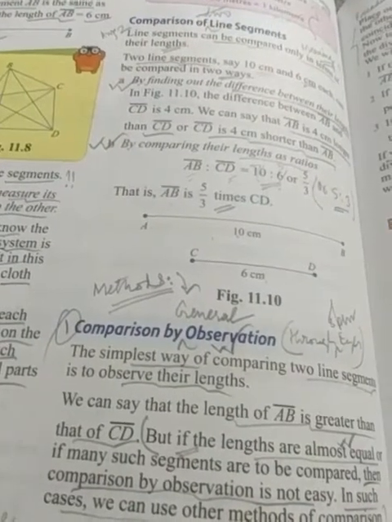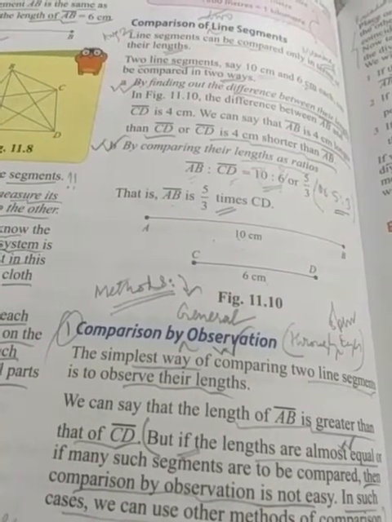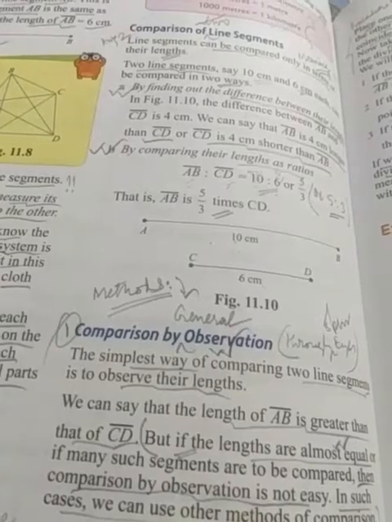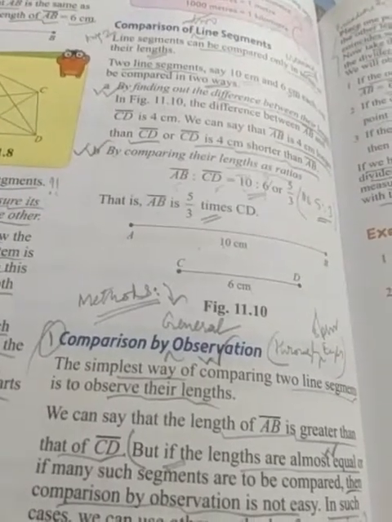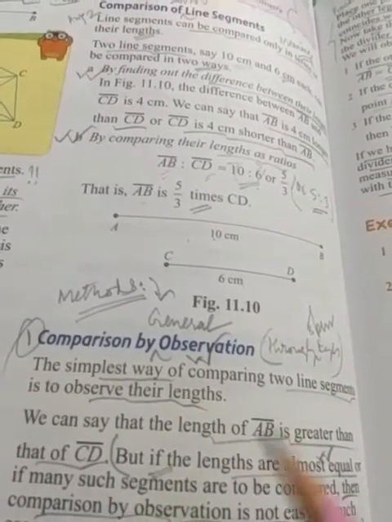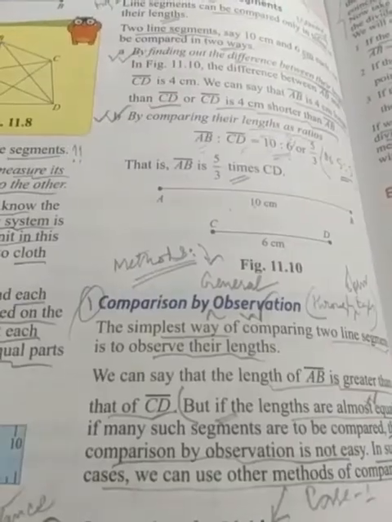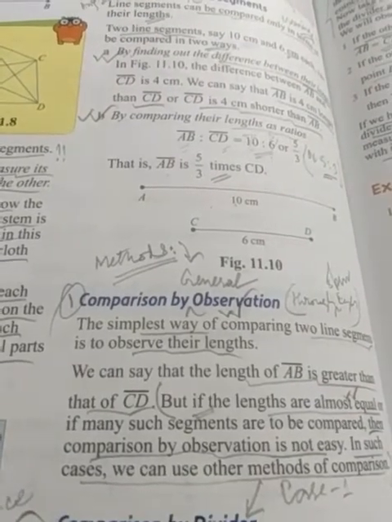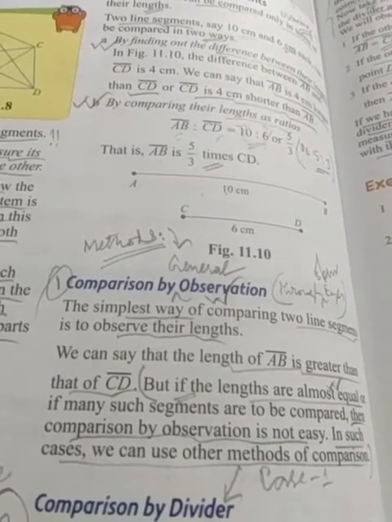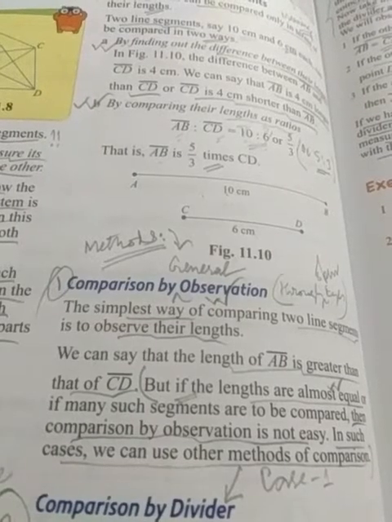Now, what are the methods that we can use to compare the two line segments? The first method is by observation, by general observation through the open eyes. This is the simplest way of comparing two line segments to find out the lengths.